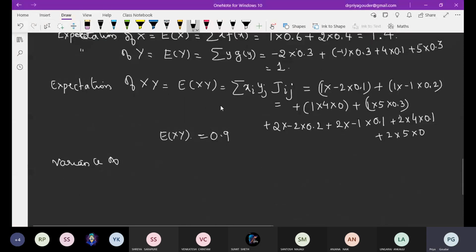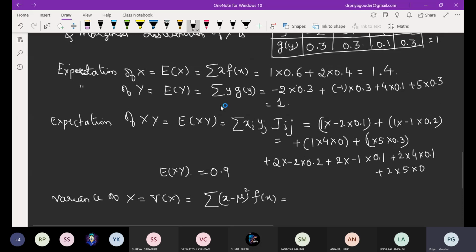So we'll calculate the variance of x, denoted as V of x. How is it given? Summation of x minus mu, the whole square, into f of x. Am I right with the definition? Okay. Now see how to take it. It is mu x, which means expectation of x.